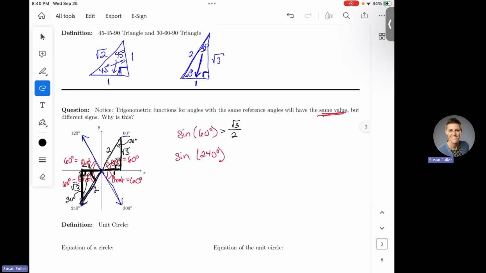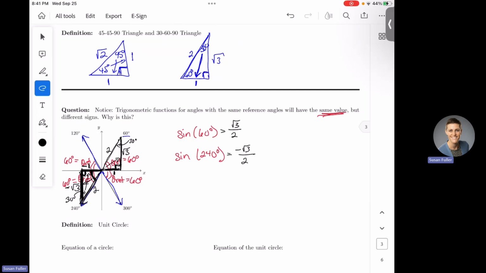And this side is along my negative y-axis, so this side is actually -root 3. It's the same triangle, it's just in a different quadrant, so we have to be careful with our positives and our negatives. So the sine of 240 degrees is going to be the sine of this reference angle in here. It's going to be the opposite side, which is -root 3, over my hypotenuse of +2.